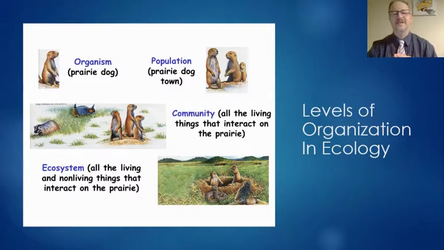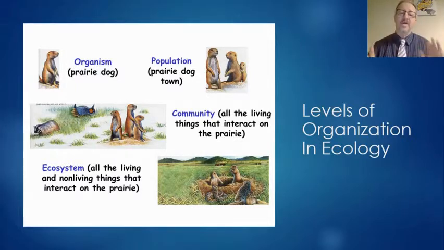Behind them off in the distance, I don't know if you're able to make it out, but there are some buffalo back there. There's also grasses growing around their home, their little hole there. And those are all part of the community. Those are all the living things that they're interacting with. In fact, one of those little prairie dogs looks to be eating something. I don't know what, but they're interacting with their environment in order to eat and survive.